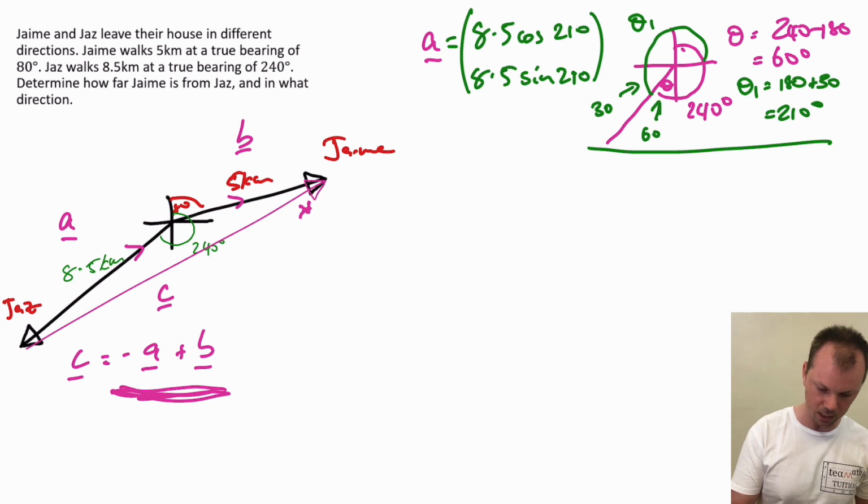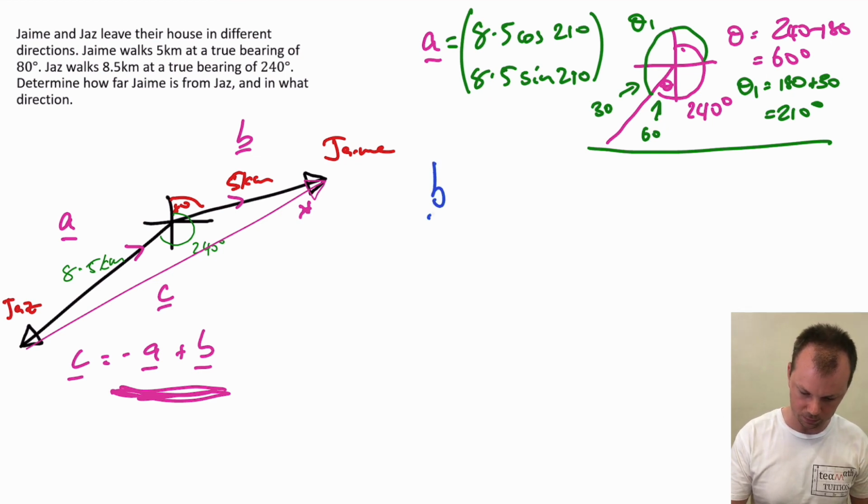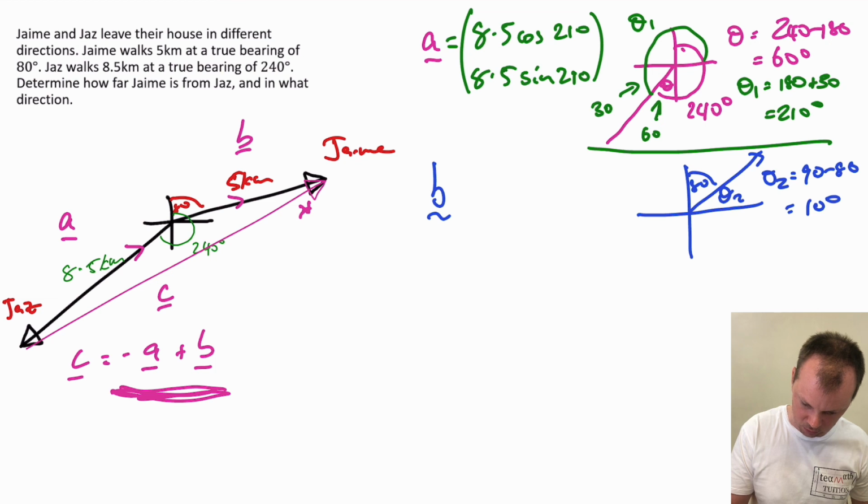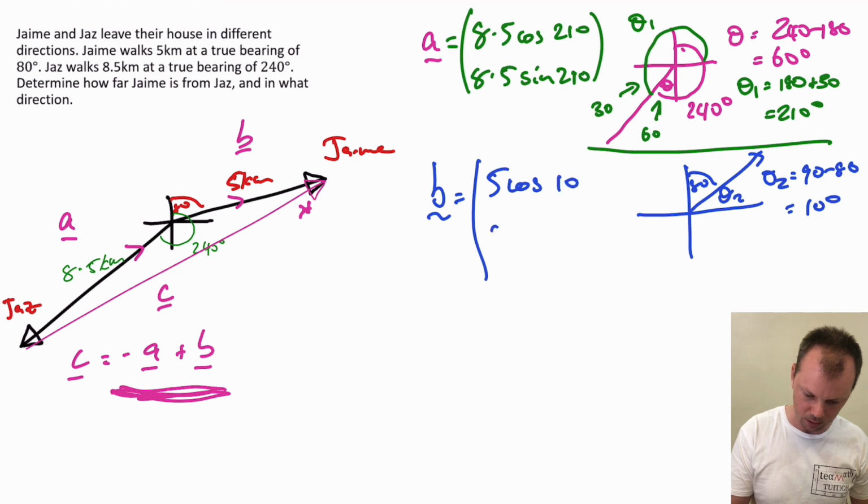We're looking at Jamie now, so that's vector B. Let's draw our Cartesian plane or our axes here. We've got 80 here, which means if we call this theta 2, theta 2 is 90 minus 80, which is 10 degrees. So our component form, 5 cos 10, 5 sine 10.